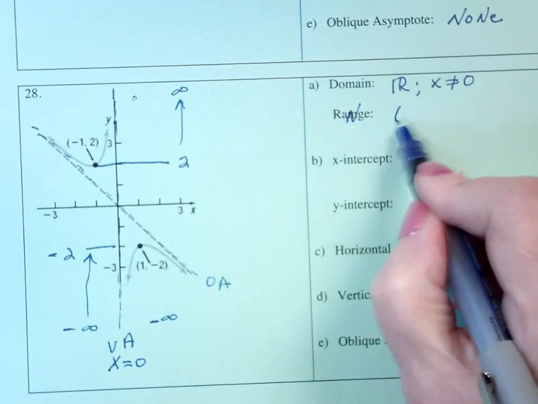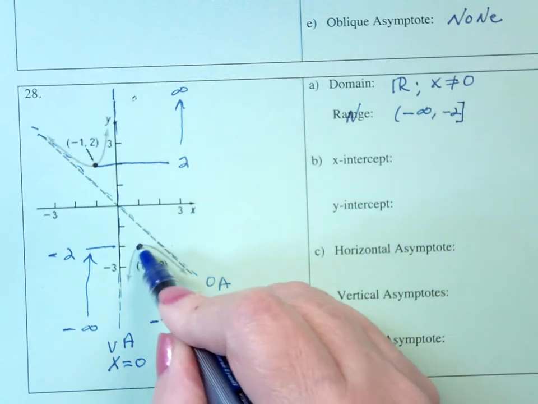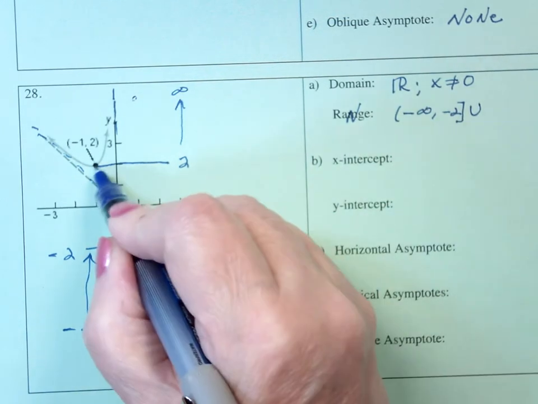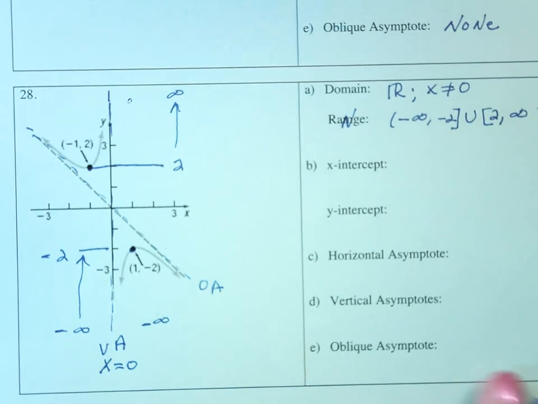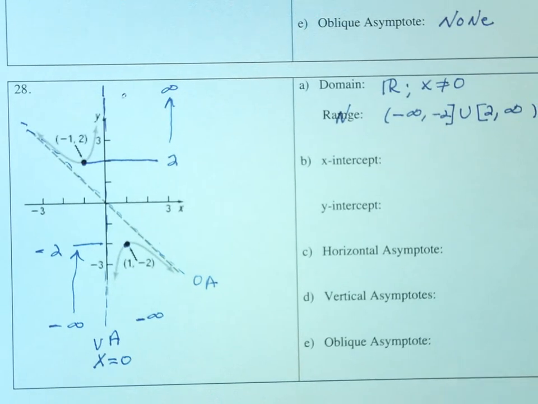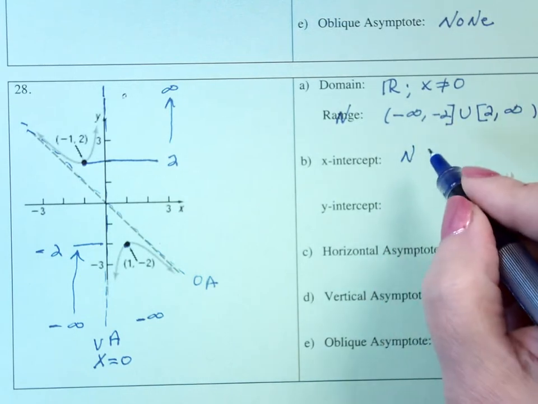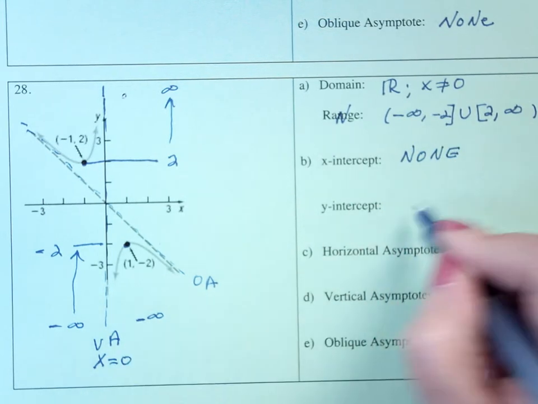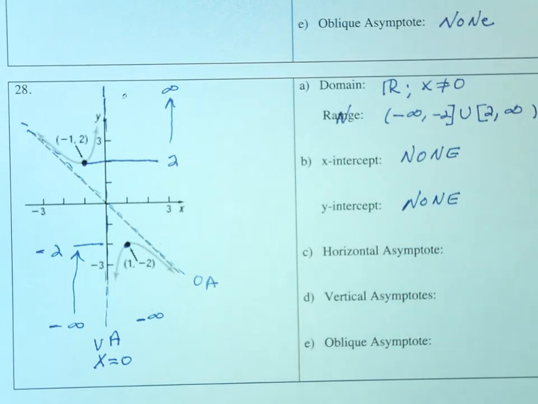So the range would be from negative infinity to negative 2, including, because that's a solid dot, union, and then it starts at this solid dot, 2 to infinity. X-intercept, the graph doesn't cross the x-axis, so there's none. Y-intercept, none, because it doesn't cross the y-axis either.